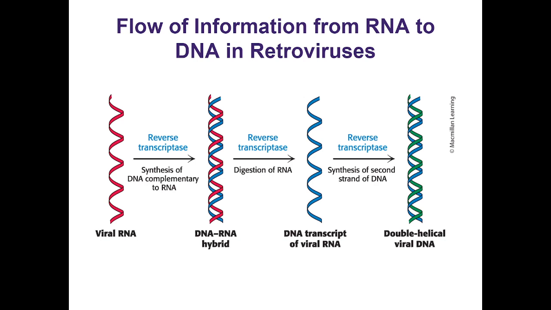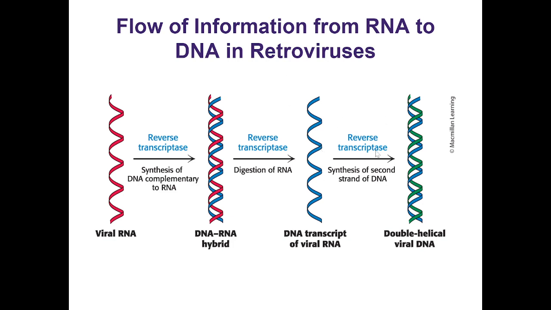Okay, so this is the RNA to DNA conversion in a retrovirus. Here we have the viral RNA. We have a reverse transcriptase that's going to reverse the transcription process, right? And so we're going to synthesize a complementary DNA strand, which is the blue one right here. This will give us our DNA-RNA hybrid. The reverse transcriptase is then going to digest the RNA.